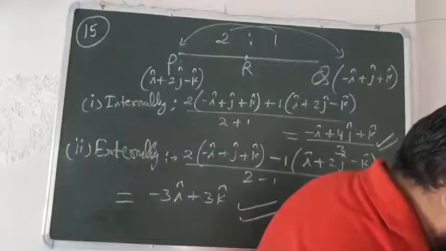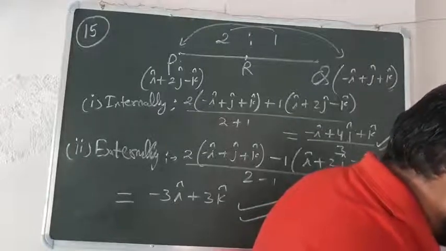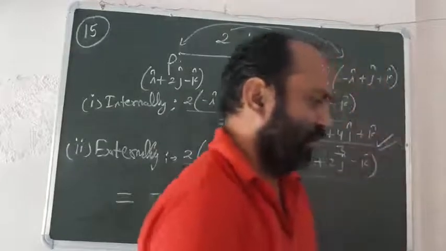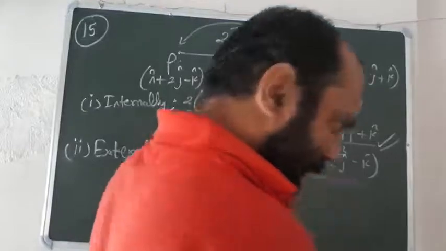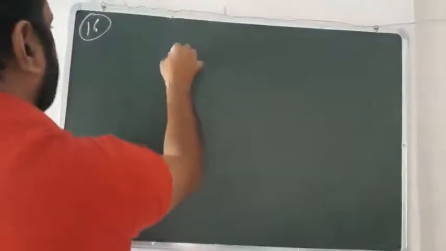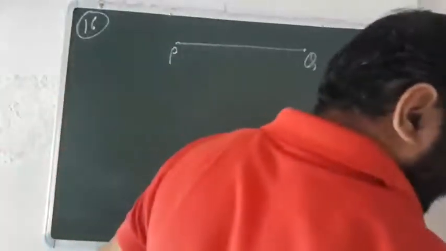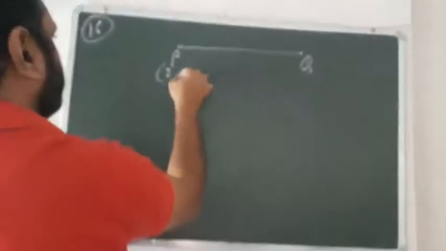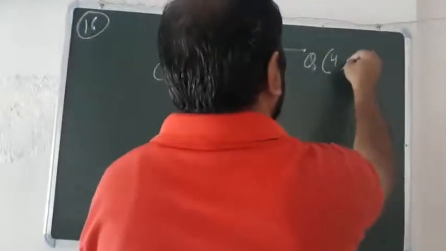Next beta ji, question number 16: find the position vector of the midpoint of the vector joining the points P and Q. We have these 2 points P and Q. The point P is 2 3 4 and the point Q is 4 1 minus 2.